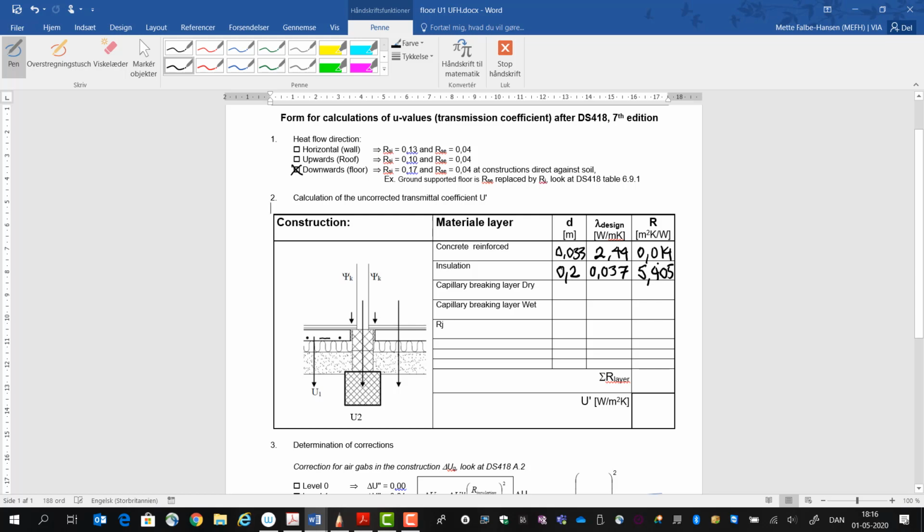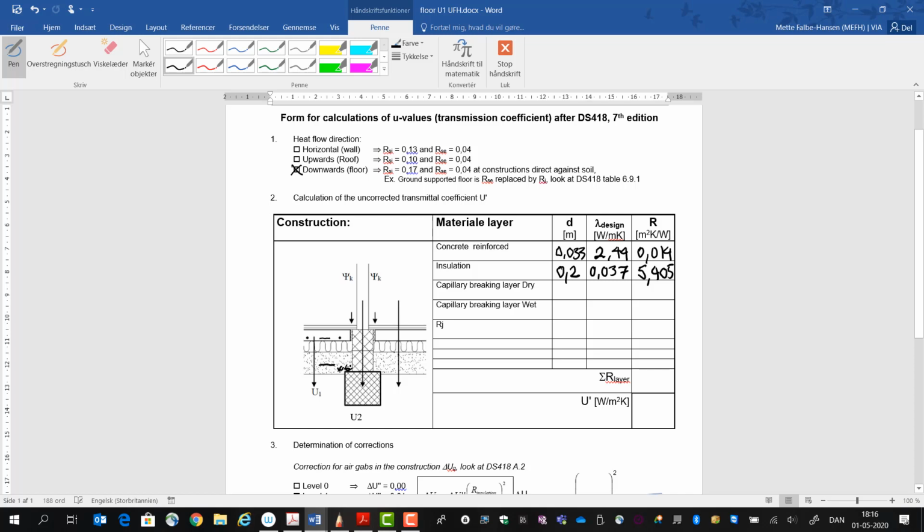Then we have the capillary breaking layer, which was the light clinker, the Leca nuts we had. We have to divide that into 2 layers. We had 200 millimeters, and as a capillary breaking layer, the 75 millimeters at the top is going to be wet.